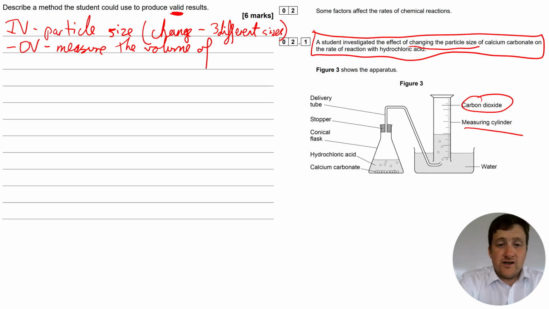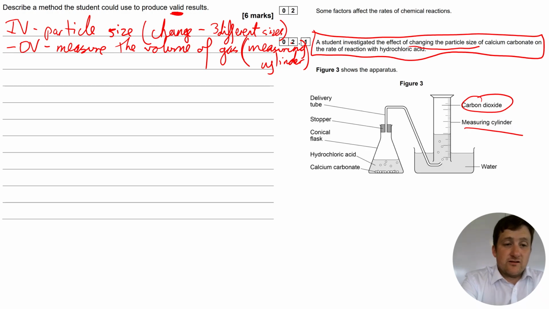of gas. Now, how do we measure that? We're going to say measuring cylinder. All right, we're just using the equipment they've given us. It's not fancy. But measure the volume of gas. Now, I'm going to do it this way, and I like using time.